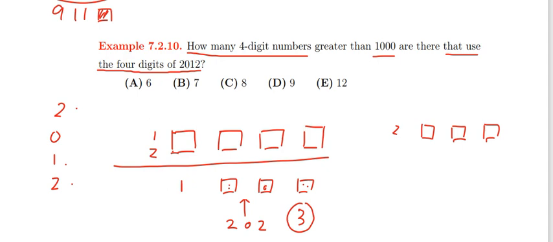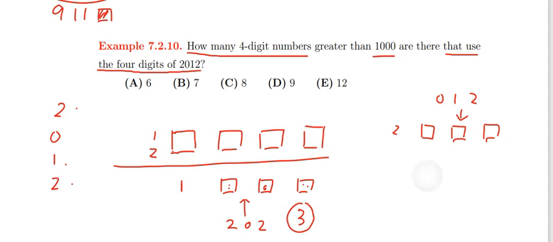If the first is 2, then we now have 0, 1, 2 to put in 3 positions. There are 3 different things to put in 3 different positions, just like 3 people sitting in 3 chairs. So how many ways?